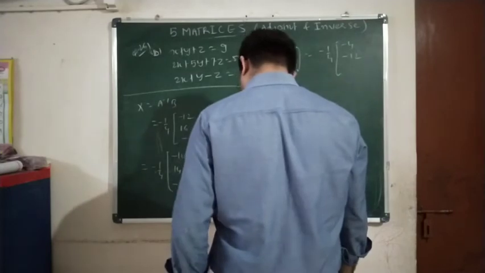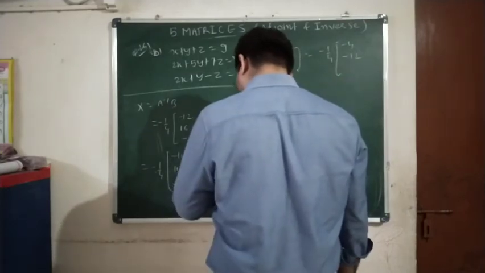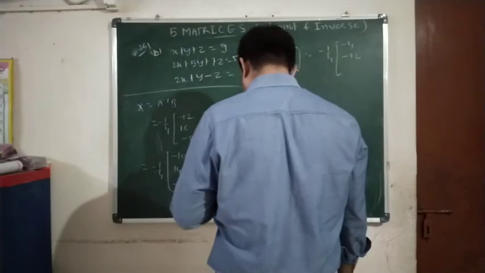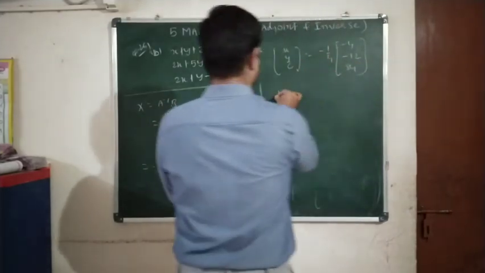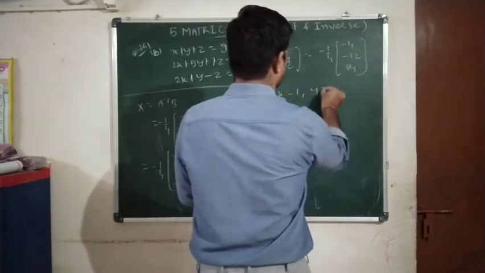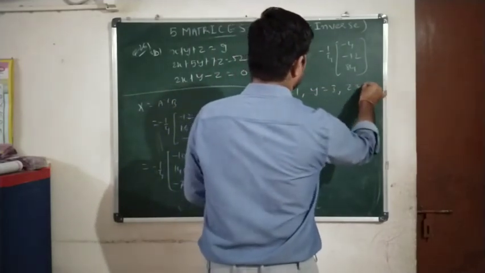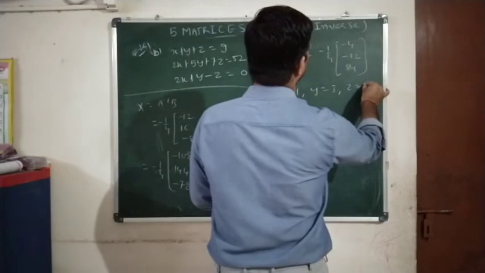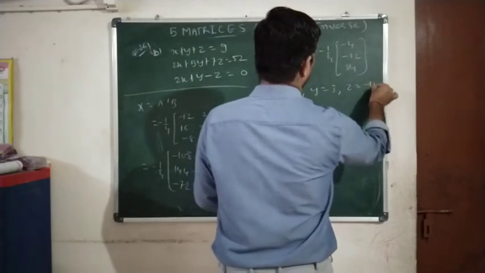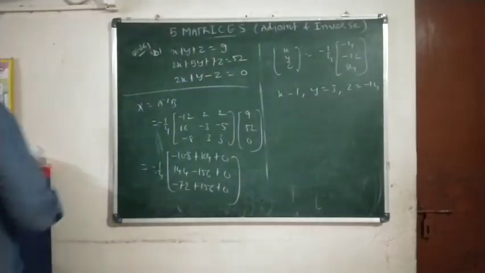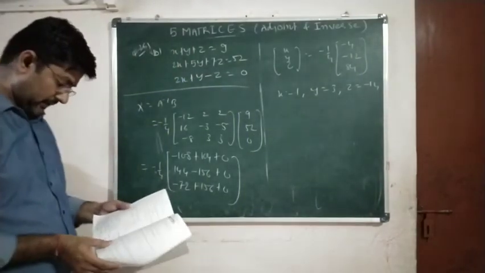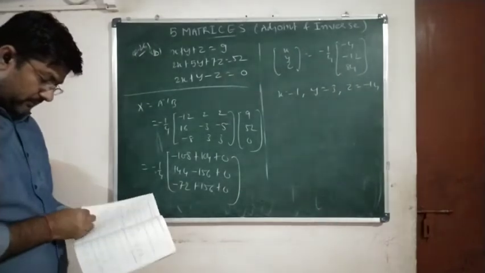So 72 plus 12 will be 84, yes or no? So 84, therefore x is equal to 1, y is 3, and z is 14. Clear? So we got the three values. This is 26b.